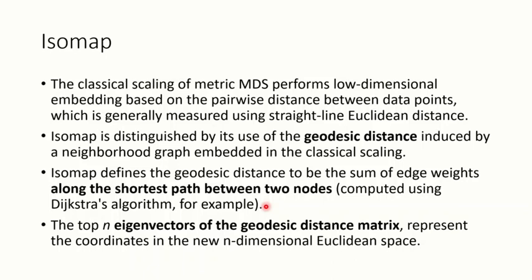You have to move continuously using small steps, and we add up those small steps to replace the Euclidean distance. Then the rest is the same. So the eigenvectors of a distance matrix will be used as the projection, the reduced dimension coordinates, okay?